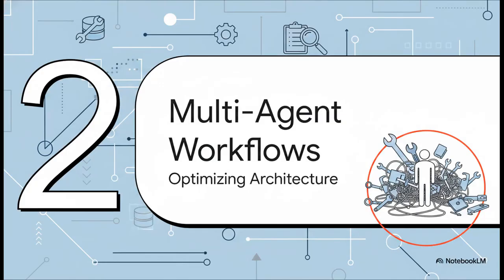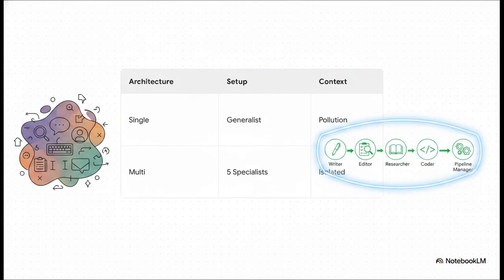Okay, moving right along to Section 2, mastering multi-agent workflows. So here's the deal with single generalist agents. They are highly prone to context pollution. Basically, they get completely confused between, say, researching a deep technical topic and casually messaging your boss. The enterprise-grade solution here is to isolate tasks across 5 specialized sub-agents.